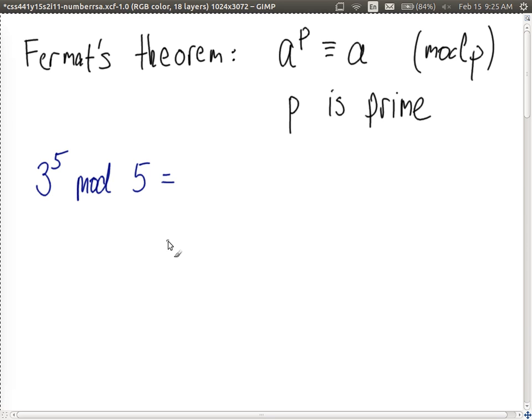Some integer a to the power of some prime, mod by that prime, is equal to a. So the answer is 3 there. I don't need my calculator to calculate 3 to the power of 5.